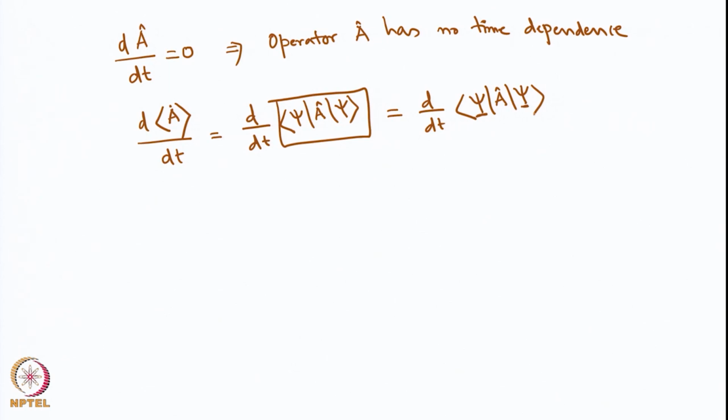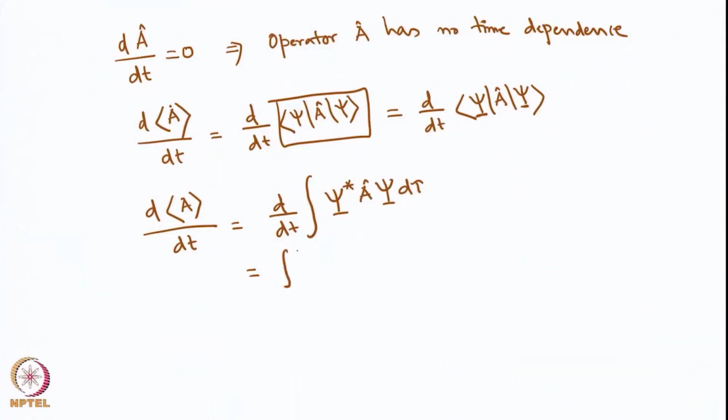Okay. So, let us expand this. So d A by dt equals d by dt of the integral of psi star A psi d tau. Now, you have to differentiate because psi star, A and psi are three either operators or functions.